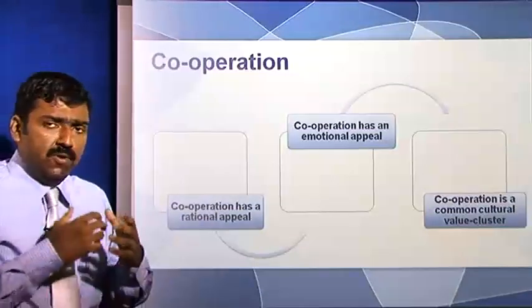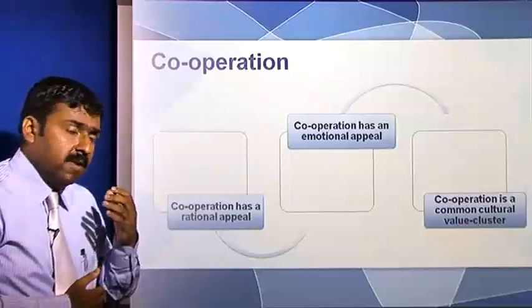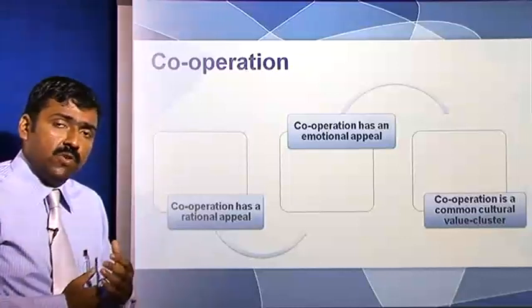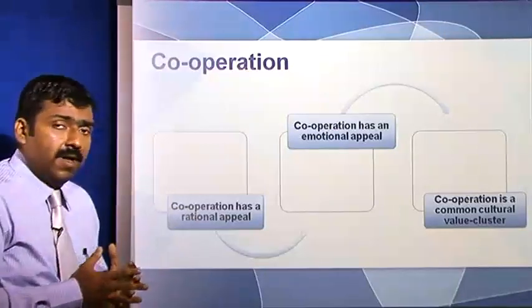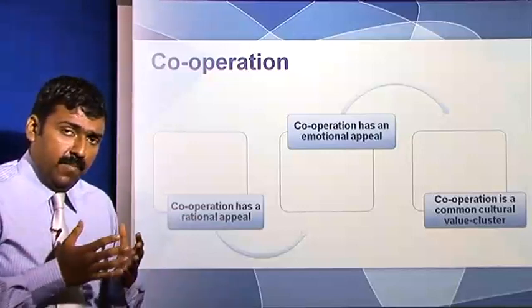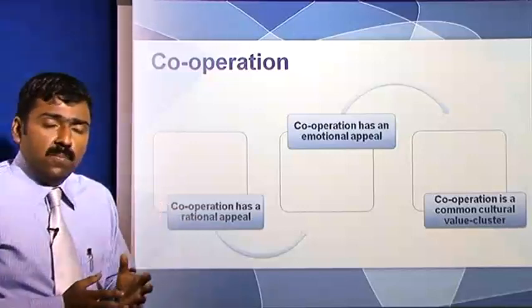Now, why do we need to go for cooperation? Cooperation is an approach because it has a rational appeal in which you get solutions. It's a win-win situation. It's called rational because you get a benefit out of this approach, problems are solved, and it has an emotional appeal.